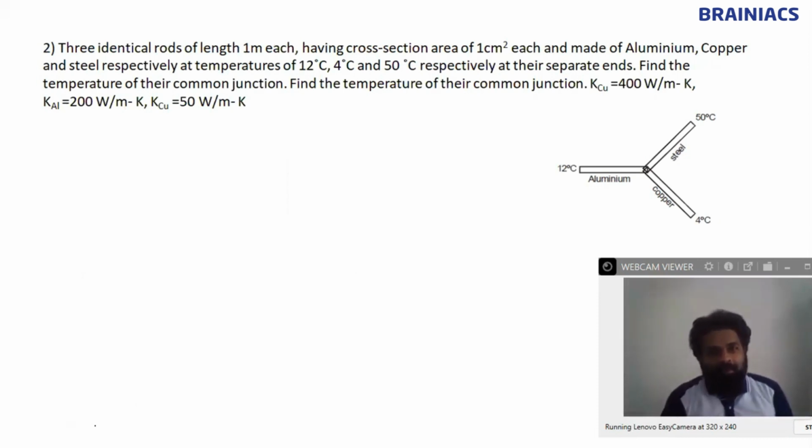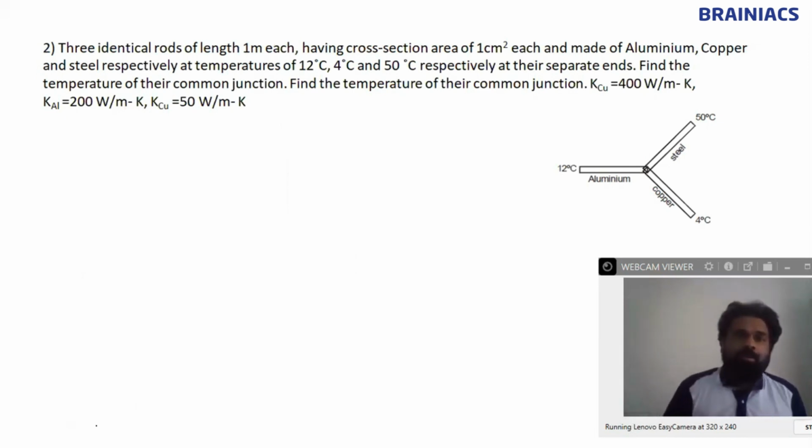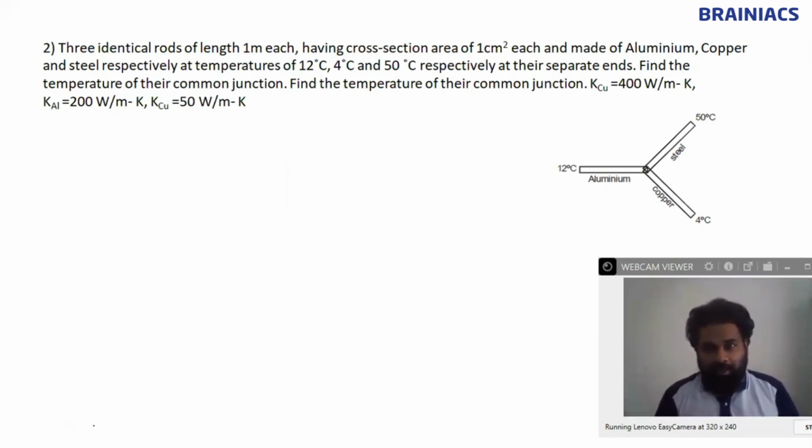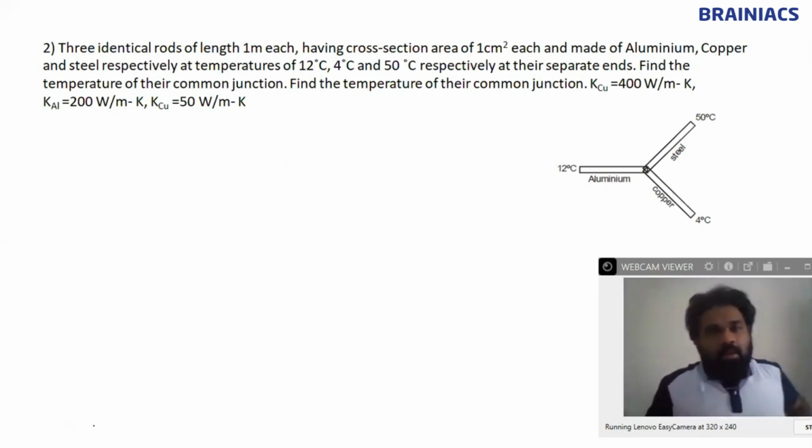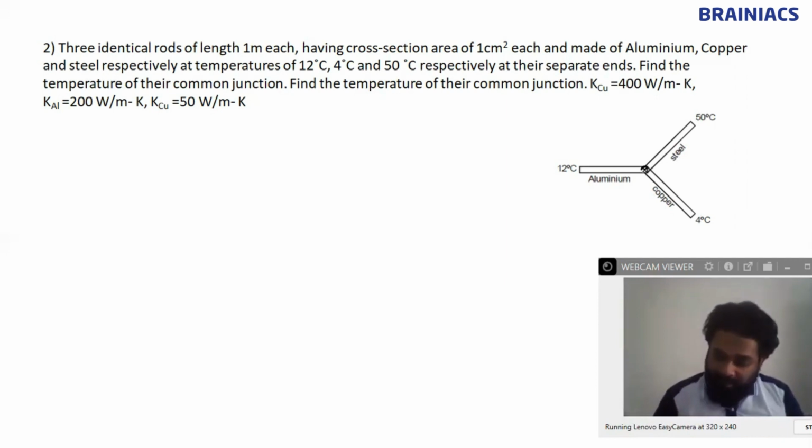So length is the same for everyone, 1 meter, and the area of cross section is 1 centimeter squared. These are made of aluminum, copper, and steel, and they are kept at temperatures 12 degrees Celsius, 4 degrees Celsius, and 50 degrees Celsius at their separate ends. Find the temperature of their common junction. This is the junction, here we need to find the temperature. And thermal conductivity is given.